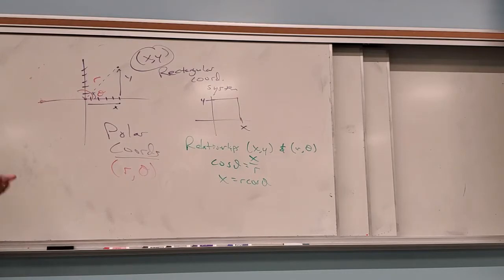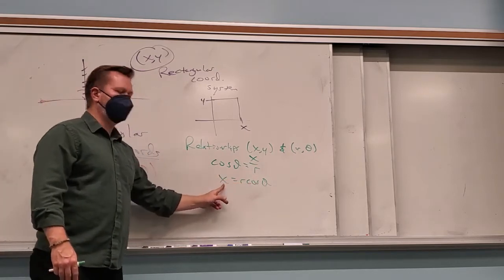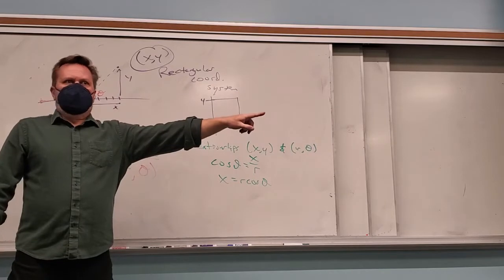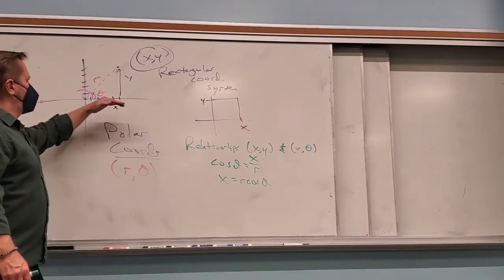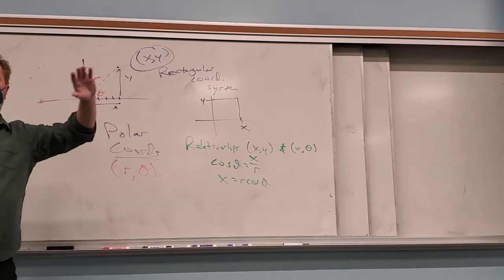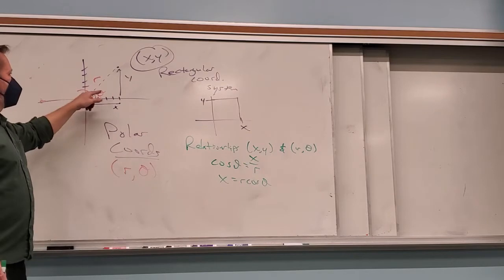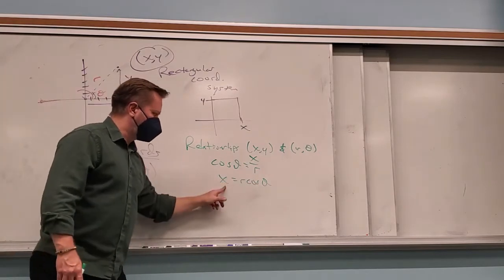So if somebody told me, turn this angle and then walk this much, and I'm like, I don't like polar, I like rectangular, well, I can take what they told me and get what x is. If somebody said, you turn this angle and walk through all the yards to get to my house, and you don't feel like getting arrested today, you can just take the information they gave you and turn it into an x.